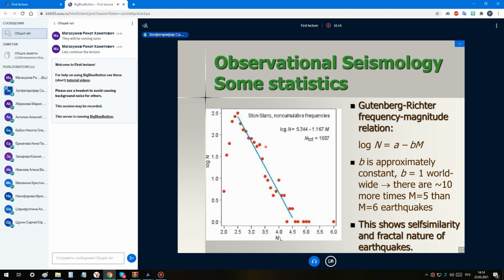B is approximately constant, b equals 1 worldwide. There are around 10 times more magnitude 5 earthquakes than magnitude 6 earthquakes. This shows self-similarity and the fractal nature of earthquakes.